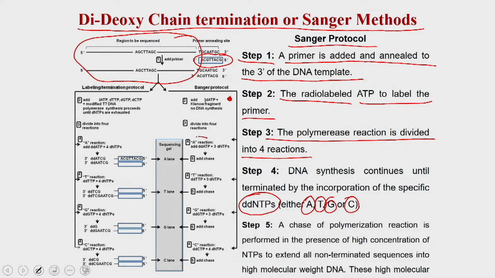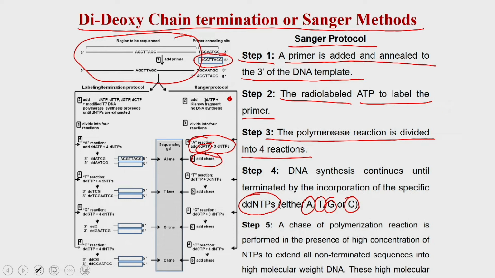If you are doing a reaction for adenine, you add guanine, cytosine and thymine, and you add the dideoxy adenine triphosphate. Then you add the chase, which means you allow these reactions to happen.